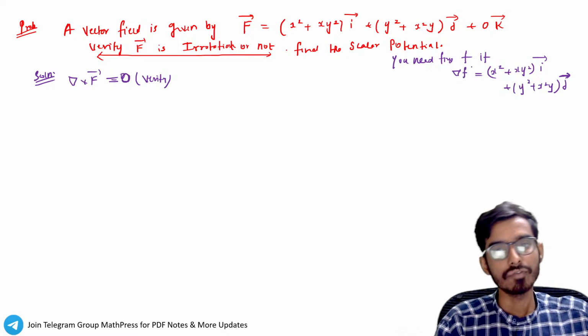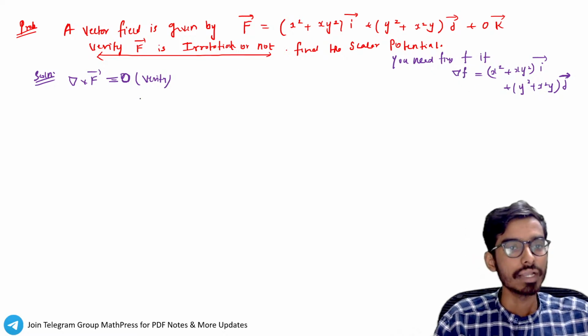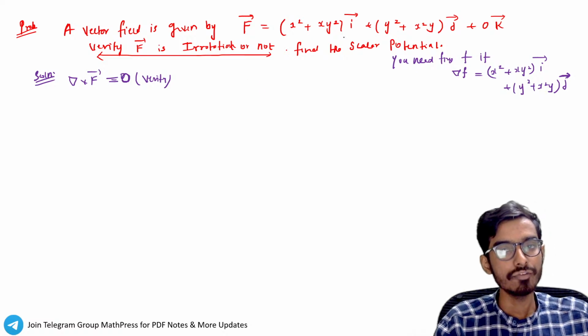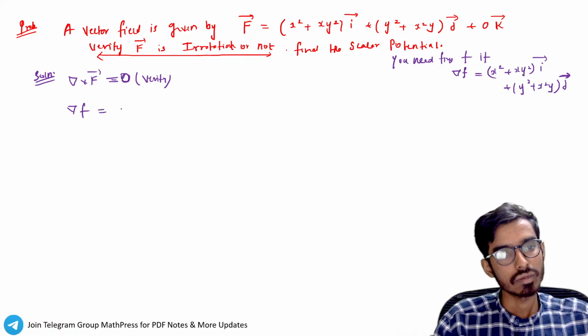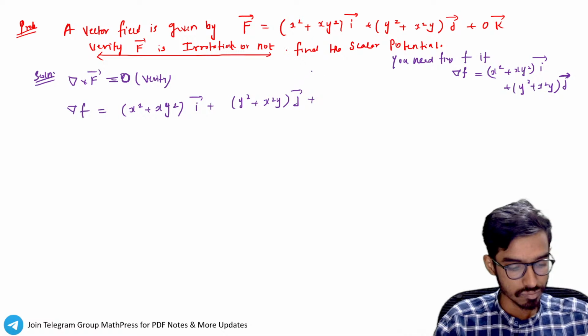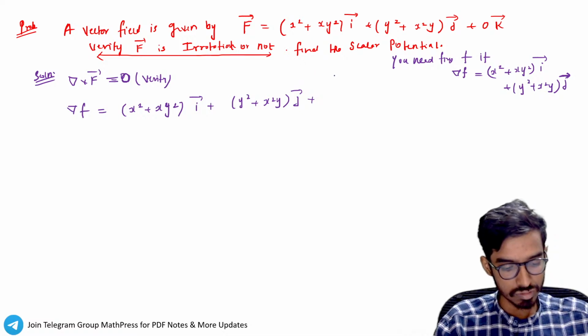Okay, so you need to find f. I think you can do this. They have given del f, you need to find f. So we have del f is x square plus x y square i vector plus y square plus x square y j vector plus 0 k vector.